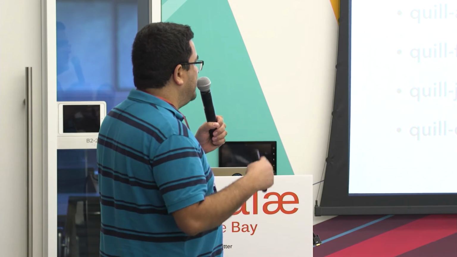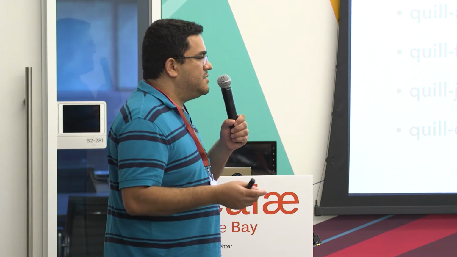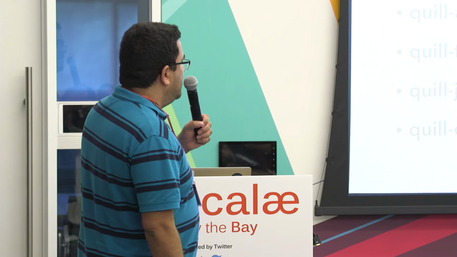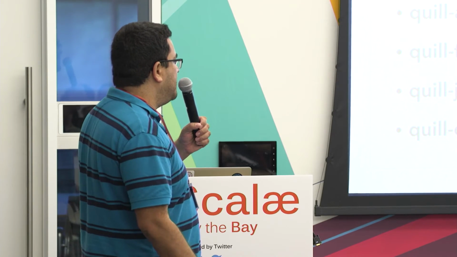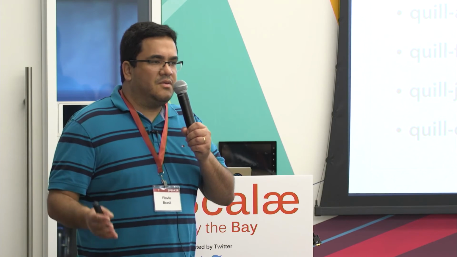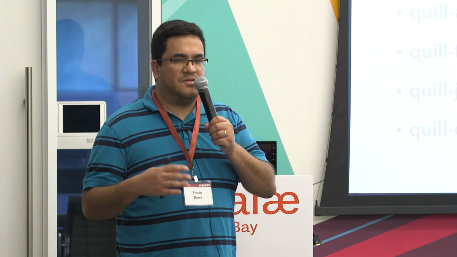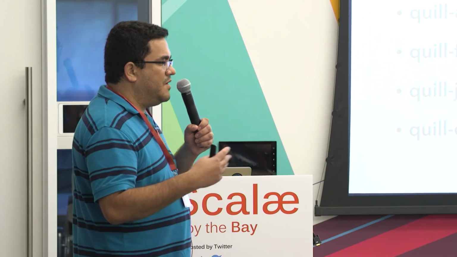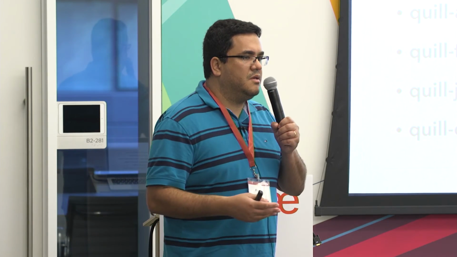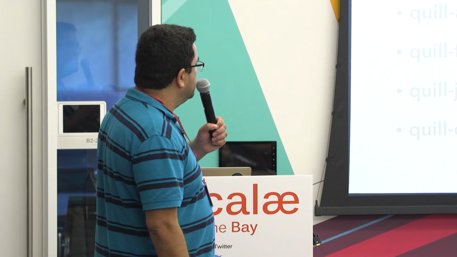There's also integration with Finagle MySQL and Finagle Postgres that is based on Finagle, also fully non-blocking. And we also have integration with JDBC. If you don't have a very high scale, it's fine to use JDBC, but if you have to scale your application, it's better to use non-blocking I/O, so use the other modules.